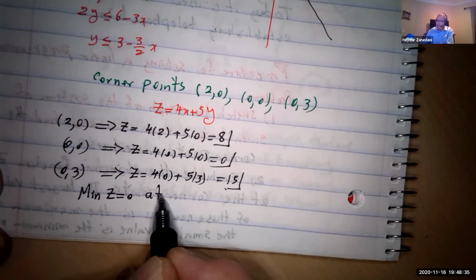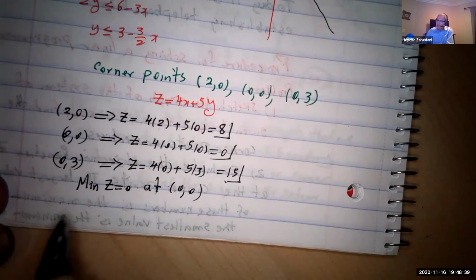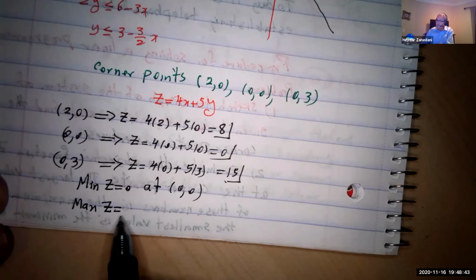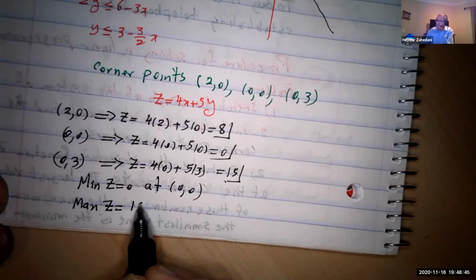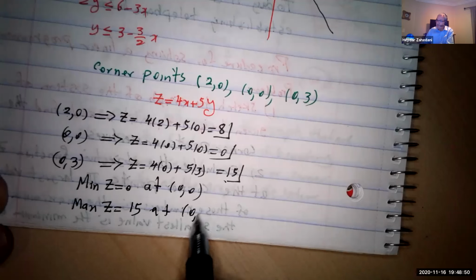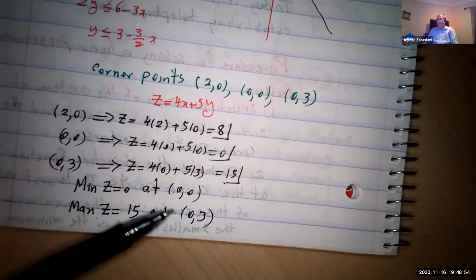You don't need to, but sometimes they ask you to identify the points, but that would be fine. And the maximum of z is going to be 15. It's going to be 15 at 0 and 3. In the application, these points mean something.